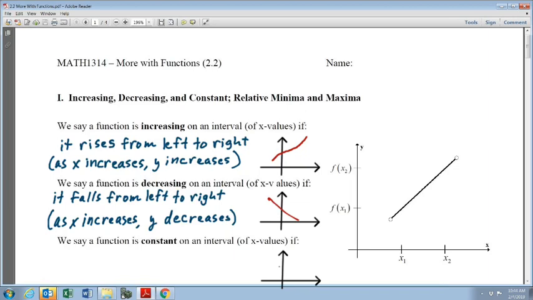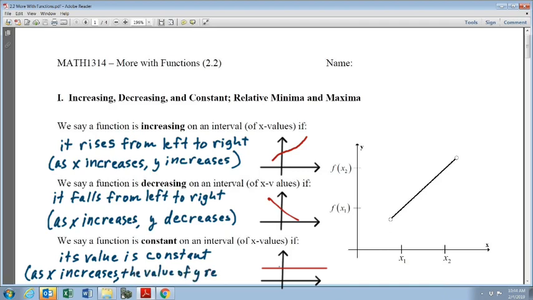And then finally we have what we call a function being constant, and that's if its value is constant or the outputs are constant. So here notice all the y values of this function are the same on this interval. So as x increases, the value of y remains the same or constant.